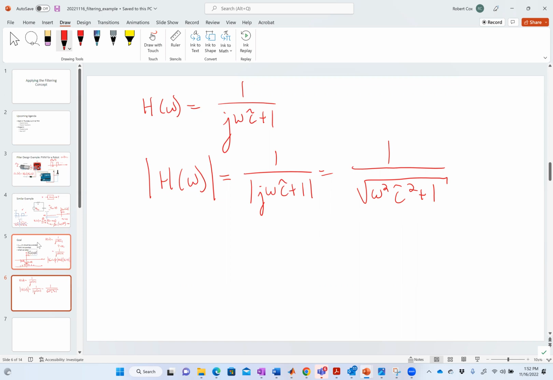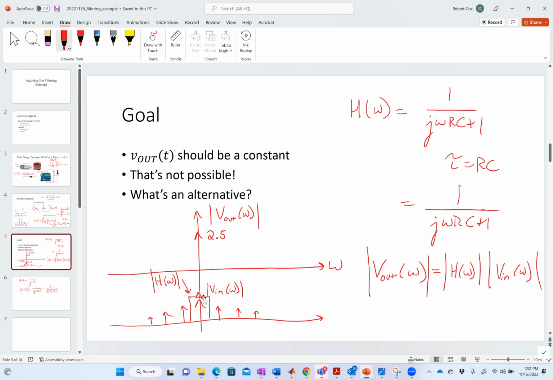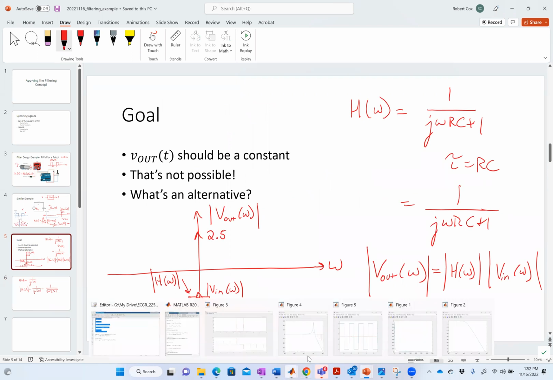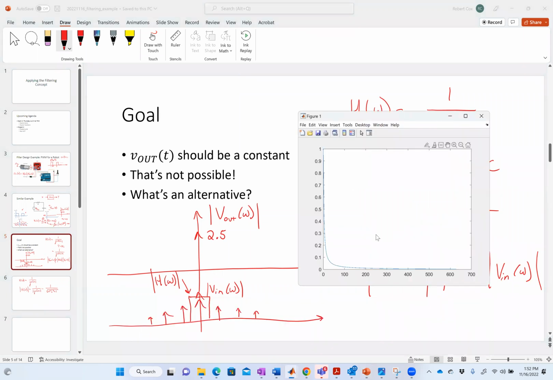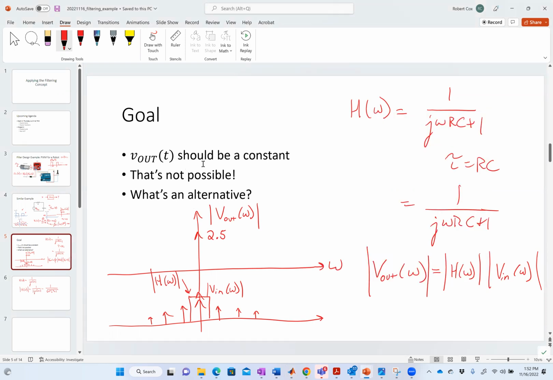So in other words, this guy's not doing what I want it to do. But if I look at the picture of it, it is kind of approximating it, right? It starts out at 1 and kind of drops off, but it's a smooth drop off. It's not a sharp drop off, okay? And it's never actually going to hit 0. So my goal would be for V out to be a constant, but that's not possible. So what could I do as an alternative?